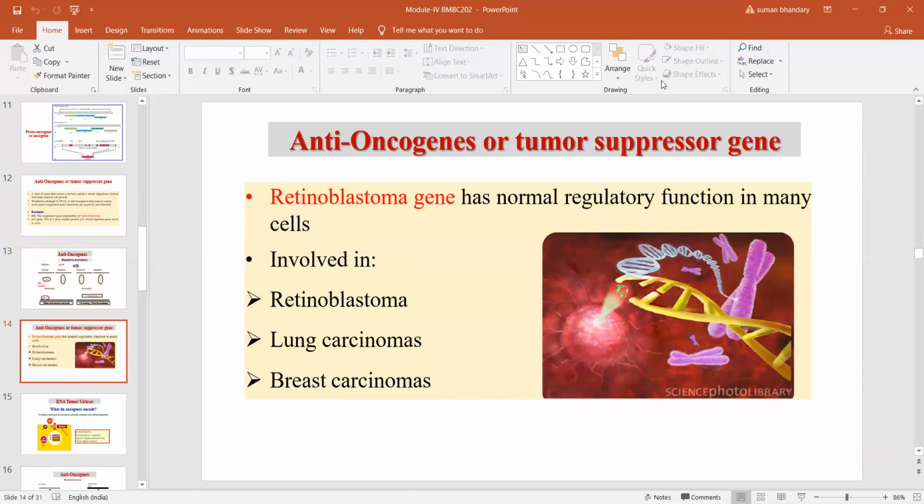Any mutation in this tumor suppressor gene will be reflected in retinoblastoma, lung carcinoma, breast carcinoma. So any kind of mutation in the retinoblastoma gene, you can have these three types of cancer.